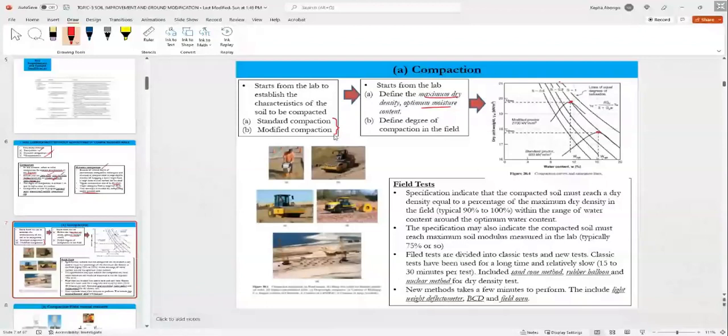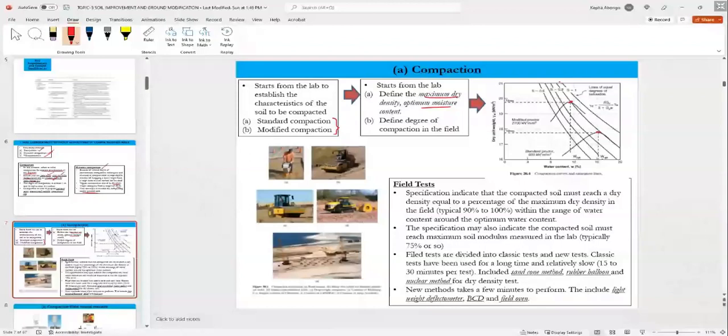Now that brings me to what Kaira Francis is saying: standard is for light compaction, modified is for heavy compaction.